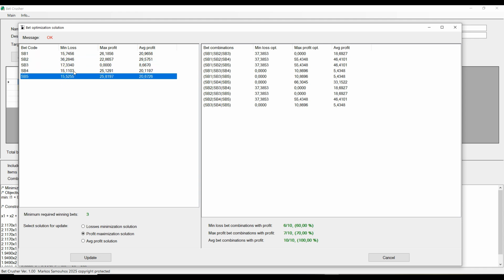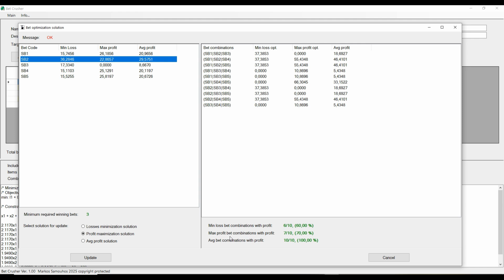These are the bets, the individual bets. Minimization functions, the minimization of the loss function, maximization of profit function, and the average, and so on. If we apply the first solution, we have profit in 6 out of 10 situations.